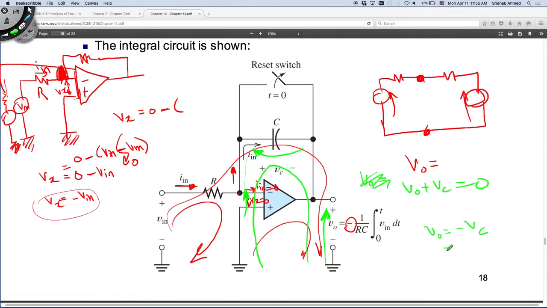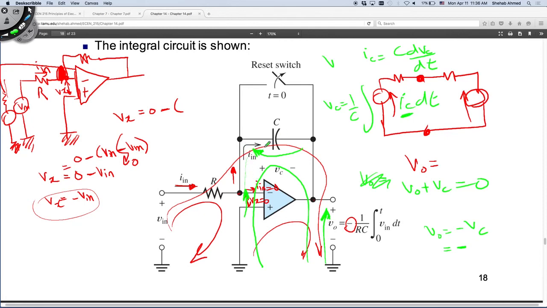What is Vc equal to? IC is equal to C dVc by dt. Vc is equal to 1 over C integral of IC dt. So the current that's coming in, I integrate, divided by capacitance, that's Vc. What is the current that's coming in?